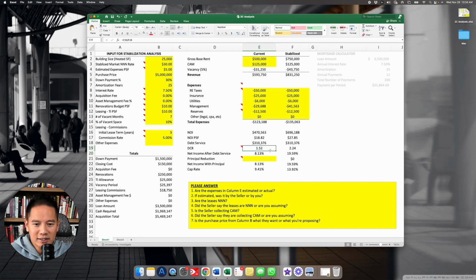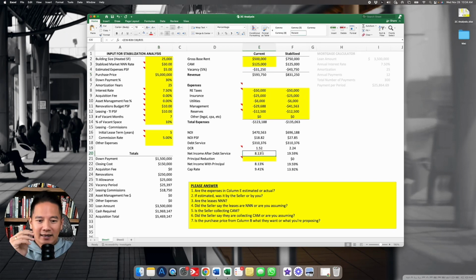You still have a DCR of 1.52, and with this DCR, you want to be at least 1.25. If you've got a 1.52 DCR and a net income after debt service return of 8% plus, again, that's still a lot of juice to squeeze. That's still a really good deal, almost too good, to where I think we've got to figure this out.